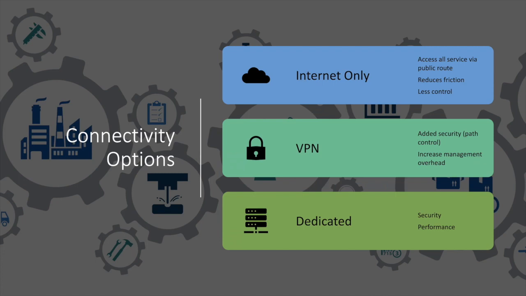So the next level of options is to get some type of dedicated connection, an ExpressRoute, an Express Link or Direct Connect, some type of dedicated connection to your SaaS provider. This obviously is going to offer more security than both VPN and internet only.